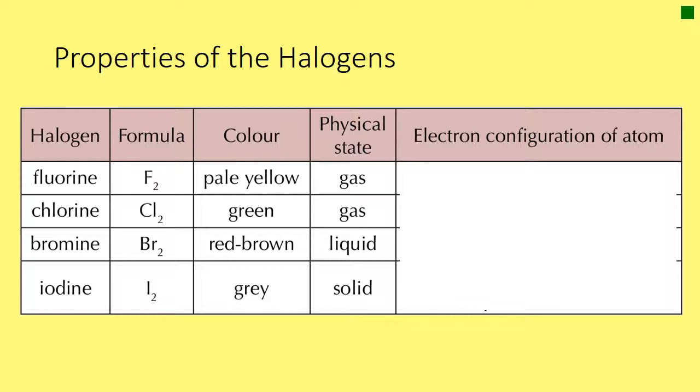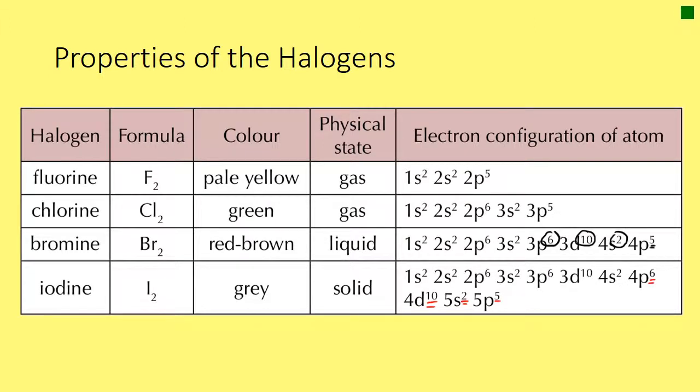Now, of course, they all have 7 electrons in the outer shell, but in each case, because they're in one extra period as you go down the group, they're going to have an extra shell of electrons. So here it is. With fluorine, we've just got our second shell, 1 short of an electron. And in chlorine, we've got 1s2, 2s2, 2p6.